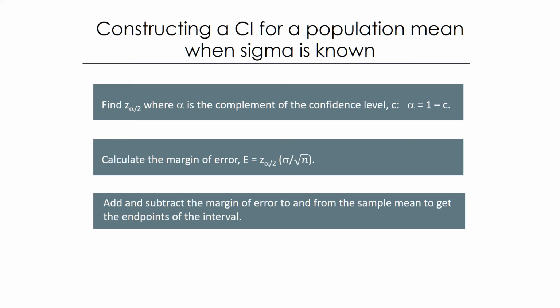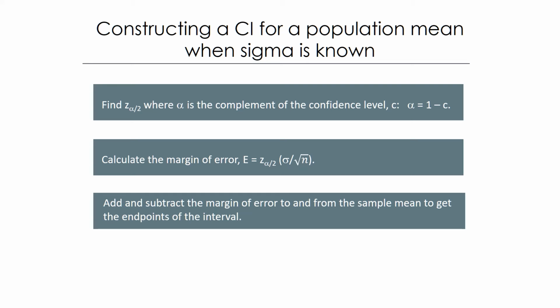So first of all, constructing a confidence interval for a population mean when sigma is known. Step one, we find the z-score, z alpha over 2, where alpha is the complement of the confidence level, c. So alpha is 1 minus c. This is the critical value that cuts off a certain number of standard deviations on the normal distribution based on this confidence level.